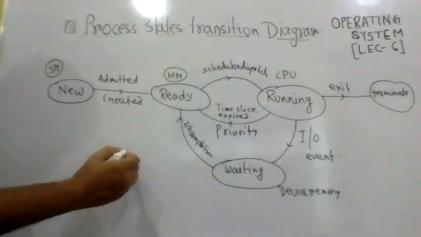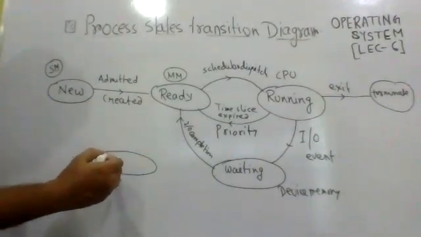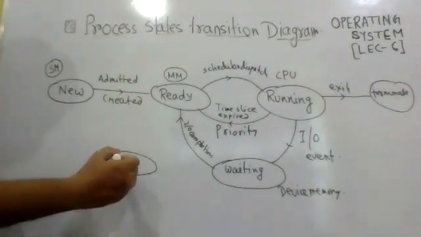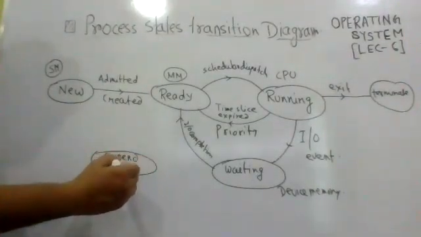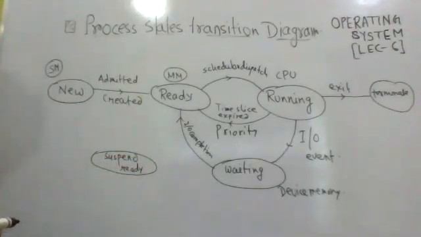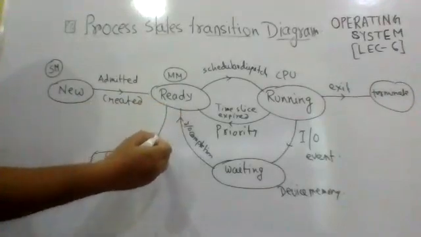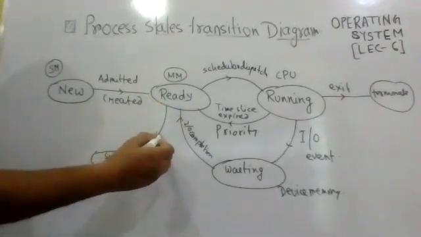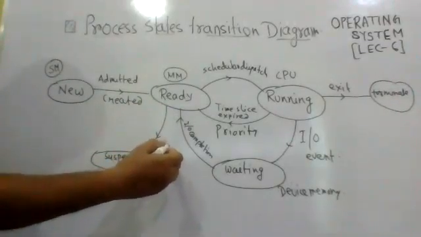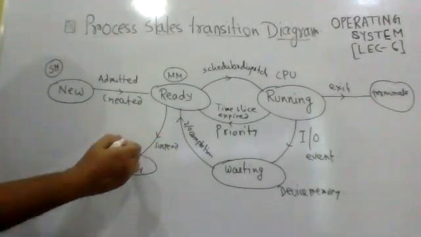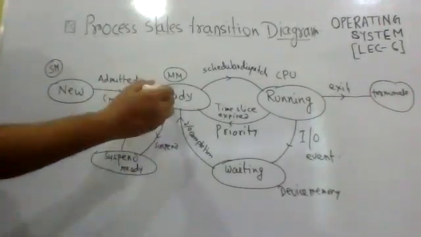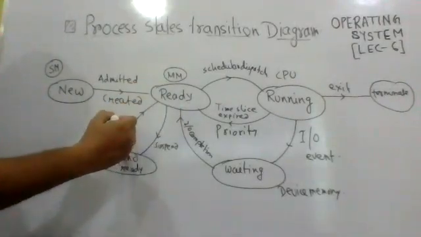Suppose we have a state, suspend ready, and from here we have a transition called suspend, and again we have another transition from suspend ready to ready, which is resume.